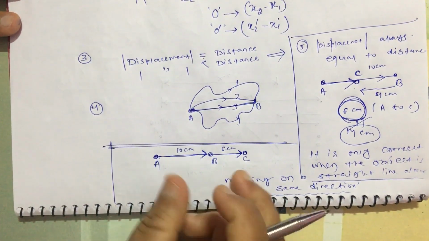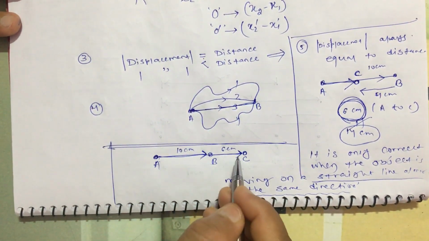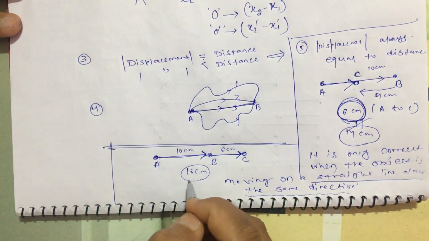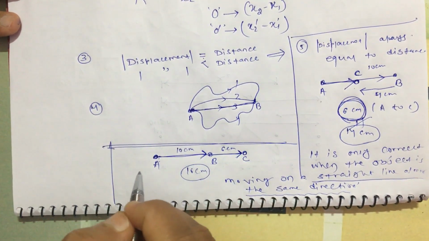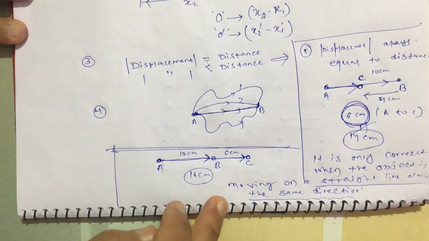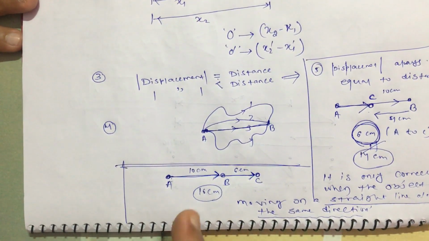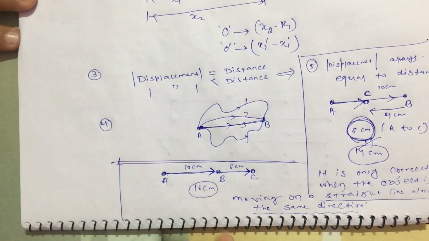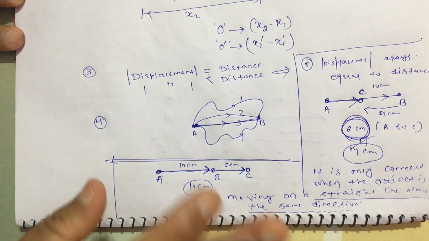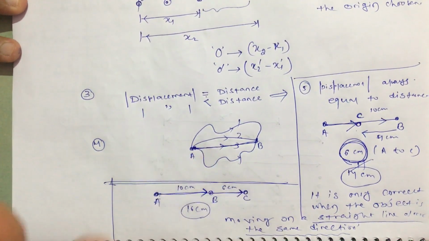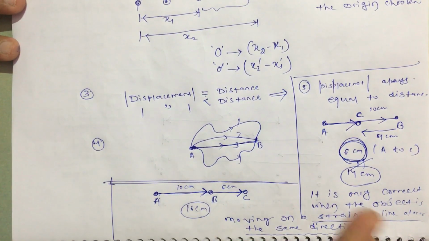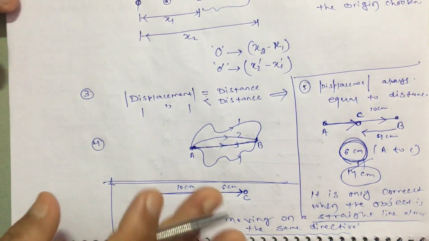So what is my distance travelled? 10 plus 6, 16 centimeter. And what is the magnitude of displacement? 16 centimeter from A to C. So remember this point: distance and the magnitude of displacement are equal only when there is unidirectional motion, in the same direction, in a straight line.